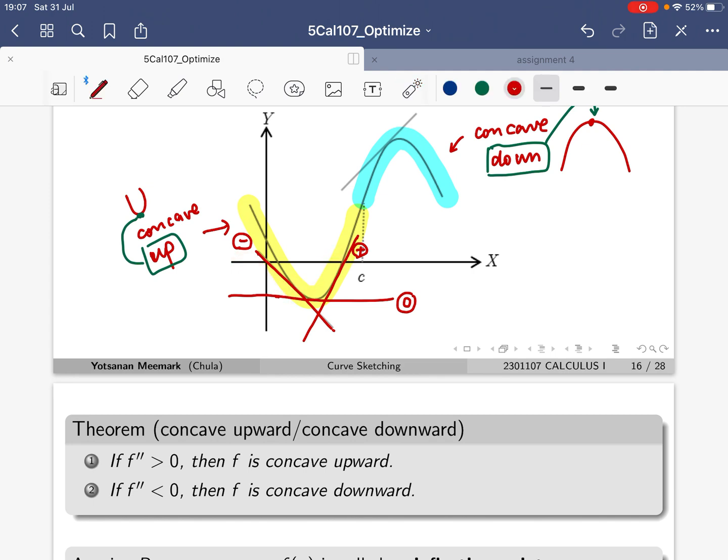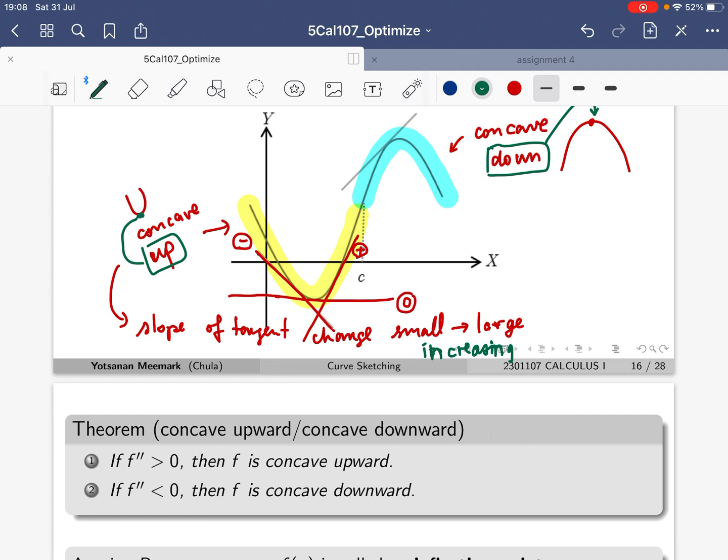This means that in this interval, when it is concave up, the slope of the tangent line changes from small to large, which means it is increasing.